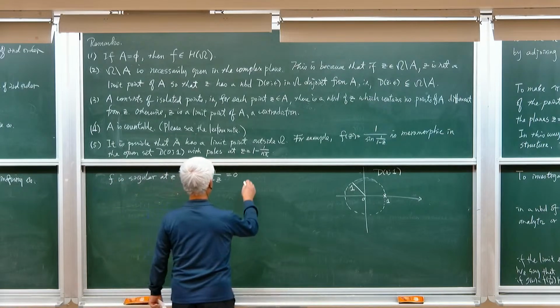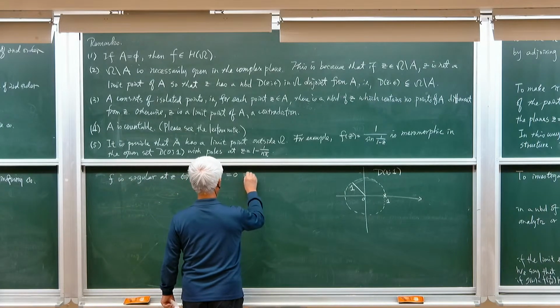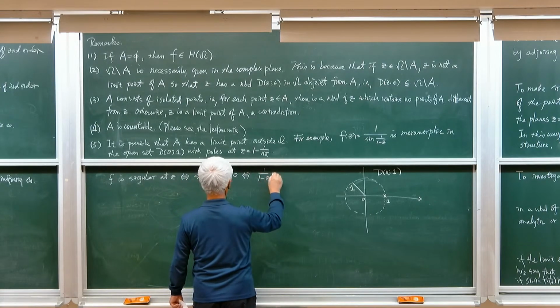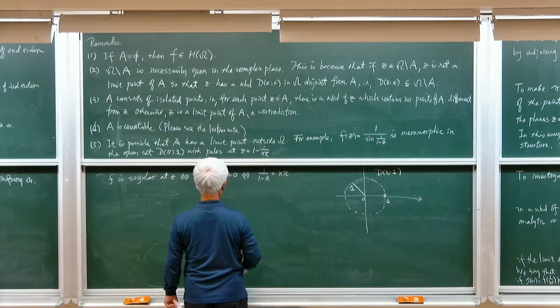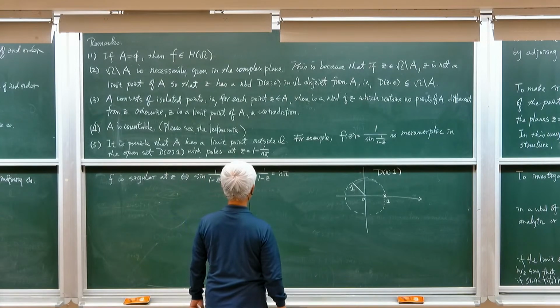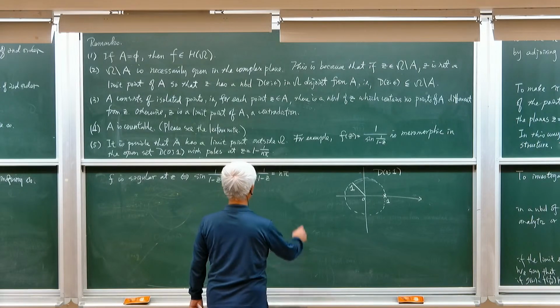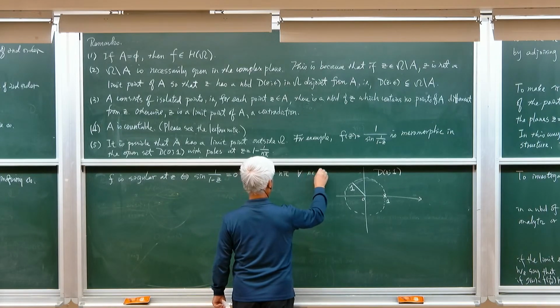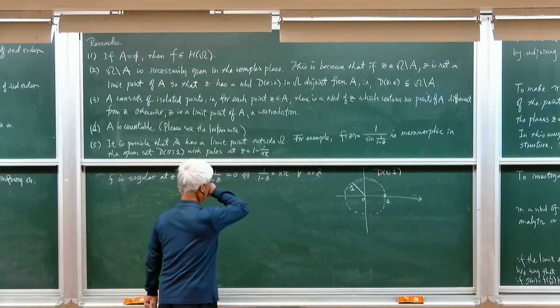Which means that 1 over 1 minus z is n pi, for integer n.